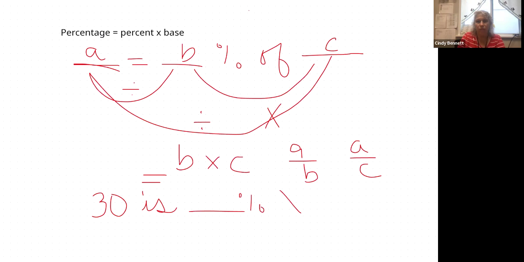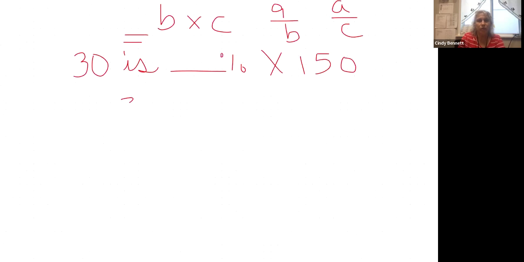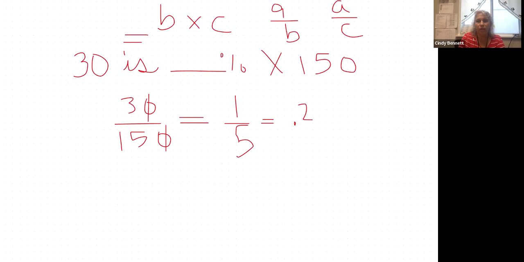So you're going to end up dividing 30 by 150. So 30 over 150 is equal to, reduce the fraction, 1/5, and then you change that to a decimal, which is 0.2, multiply by 100, you get 20%.